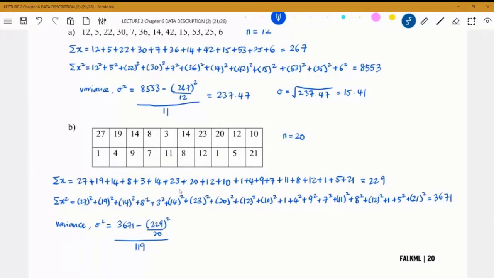Okay, and then we're gonna have your variance, which is, dapat berapa variance kamu? Your variance will be 8.8147. 8.81 47.